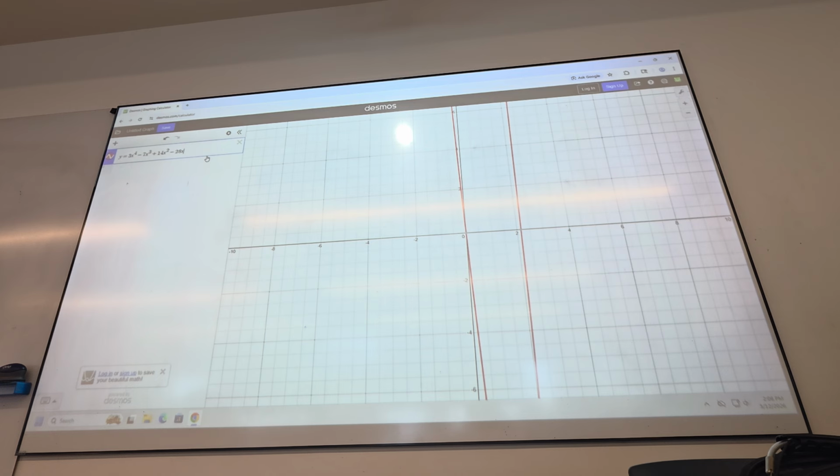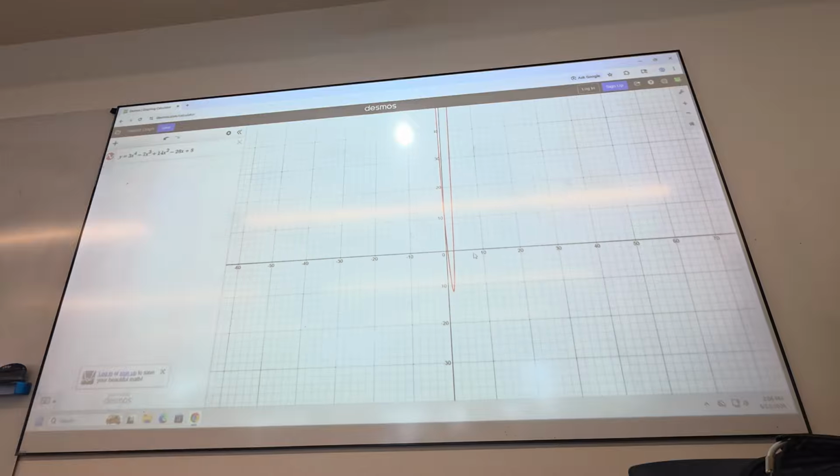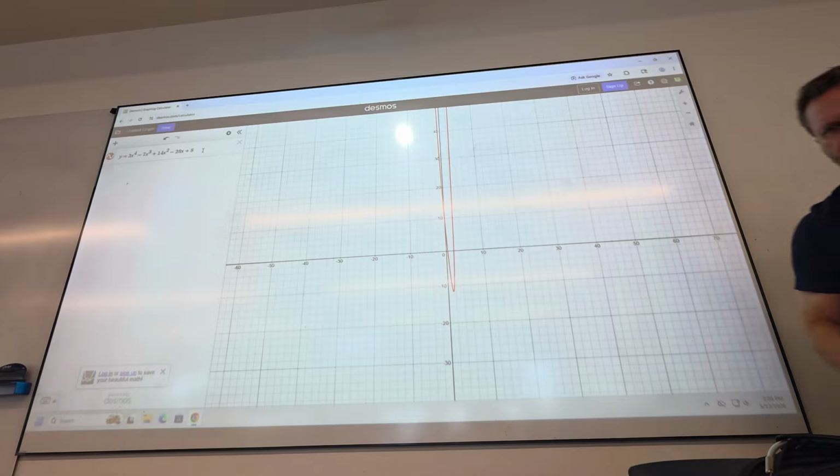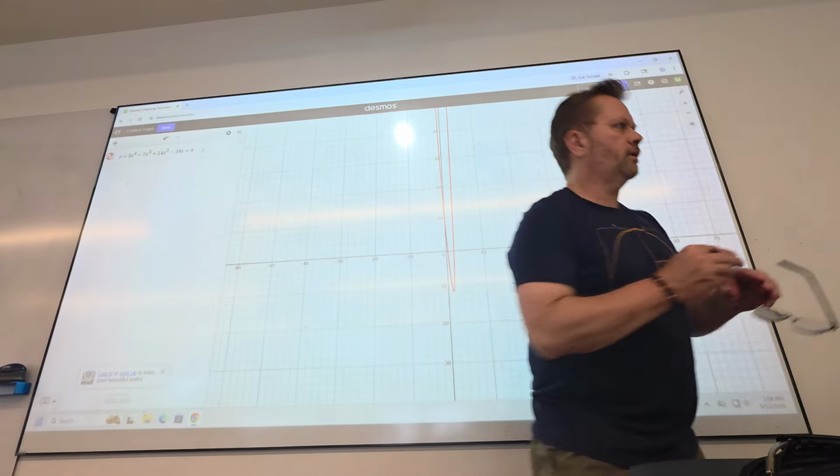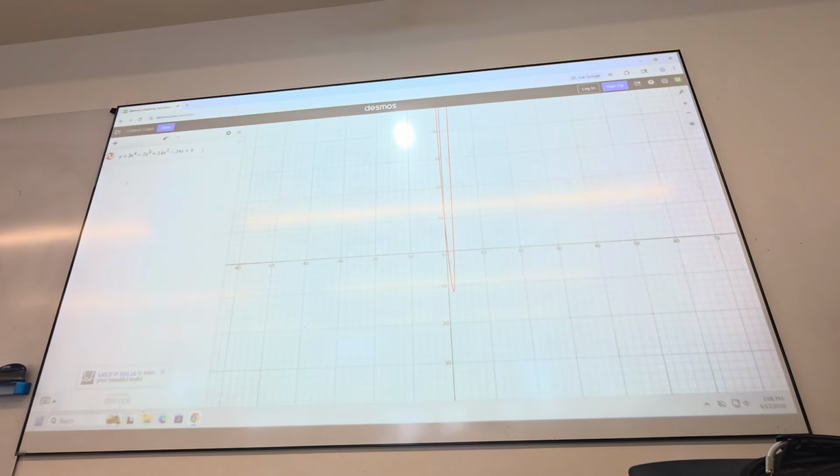If I zoom out a bit. Put your glasses on, Jeff. Okay. 3x to the 4th minus 7x cubed plus 14x squared minus 28x plus 8. Yeah.